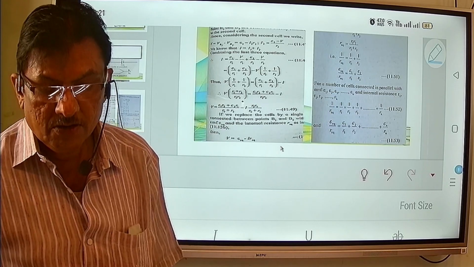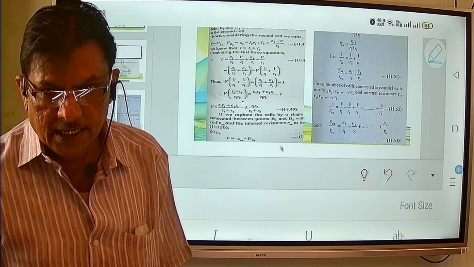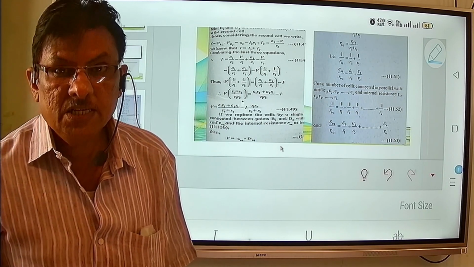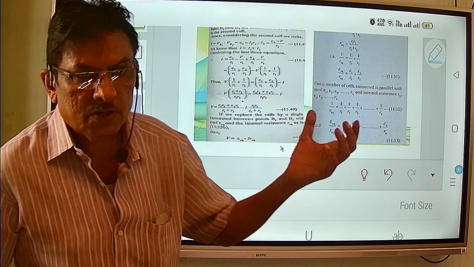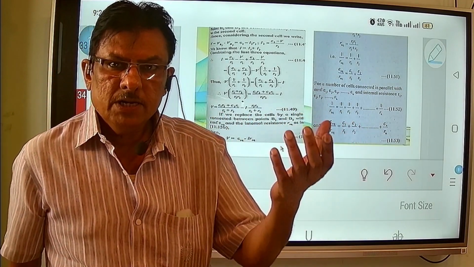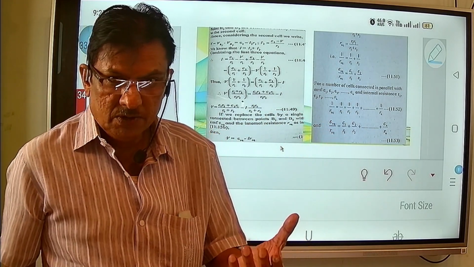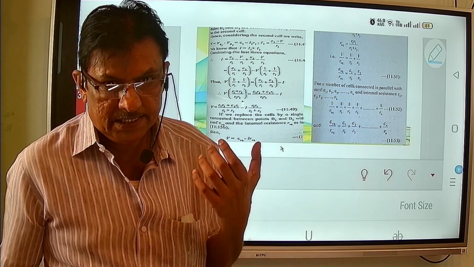For the first cell we have I1 is equal to E1 minus V upon R1, because V is common. Now you see that the combination is parallel, and according to the parallel condition, the voltage given to the first cell will be the same voltage given to the second cell.